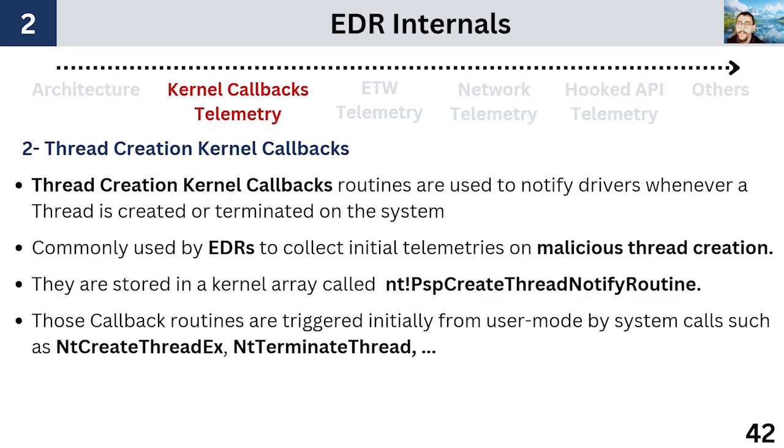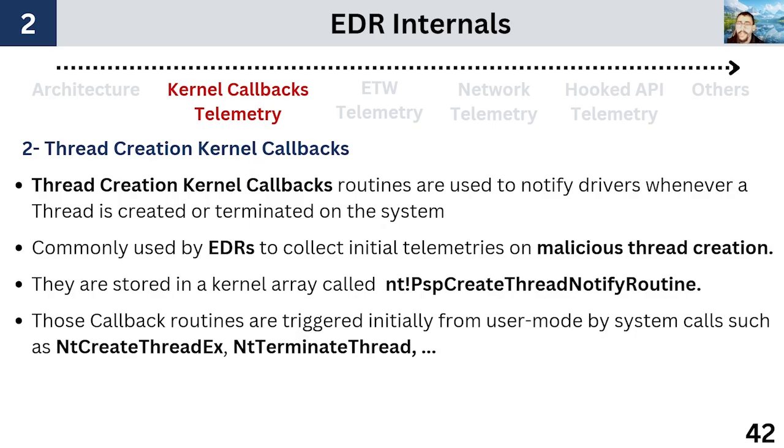These callbacks are commonly used by endpoint detection and response (EDR) solutions to detect malicious thread creation techniques, capturing critical metadata such as thread ID, start address where the thread executes, process ID where the thread was created, and parent process ID, the process that created the thread. This telemetry allows EDRs to be aware of thread creation events in real time and respond accordingly.